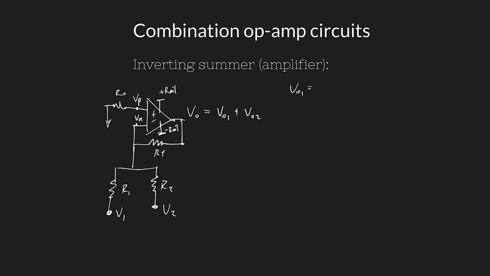So the rails don't come into play when you're designing a linear circuit, as long as you are operating within the range, so your output doesn't go beyond that range.